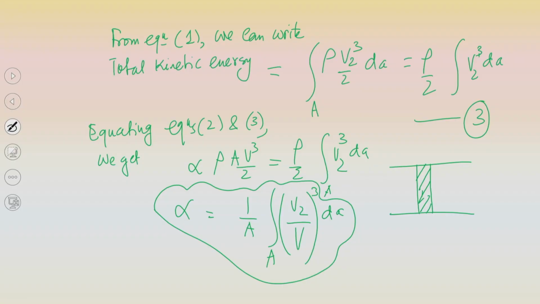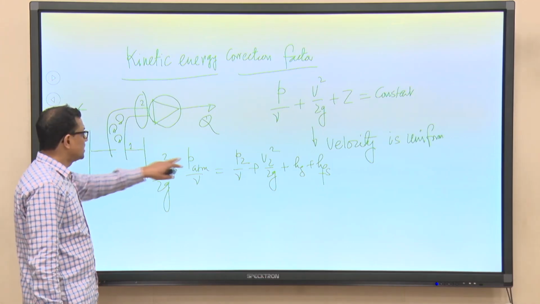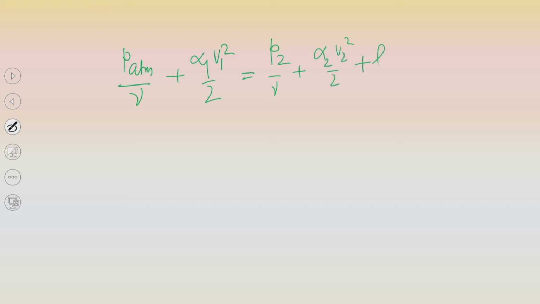Okay. So, now if we go back to this particular section and write the equation between section 1 and section 2, we can write P ATM by gamma plus alpha 1 into V 1 square by 2 equal to P 2 by gamma plus alpha 2 into V 2 square by 2 plus H s plus H f s, right.